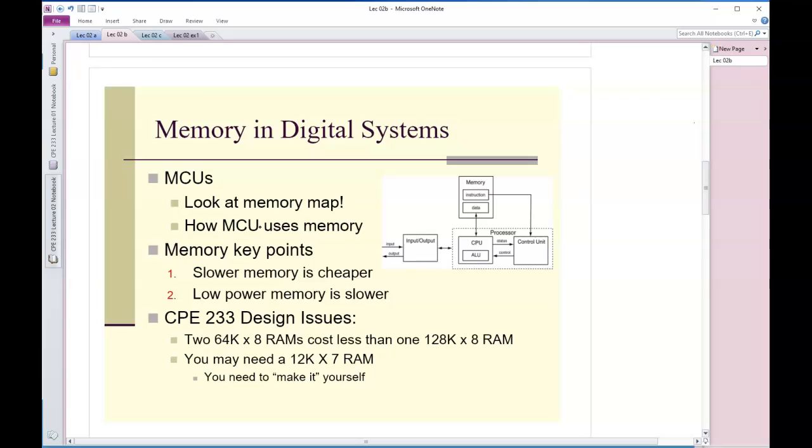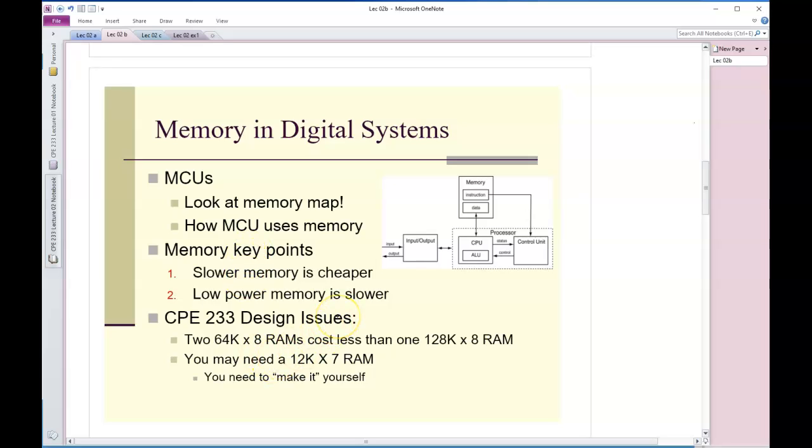Typically speaking, it's multiple memories that are put together in such a way that it looks like a big memory. You're modeling a big memory with small memories. Typically speaking, the slower memory is cheaper, and the lower power memory is slower. It takes extra power to have these circuits switch values, and if you don't need the speed, certainly you can save on power.